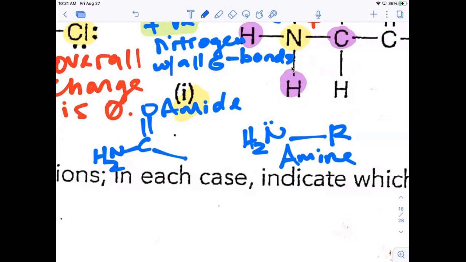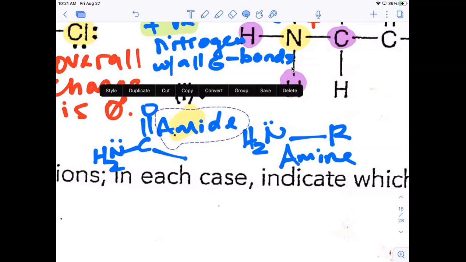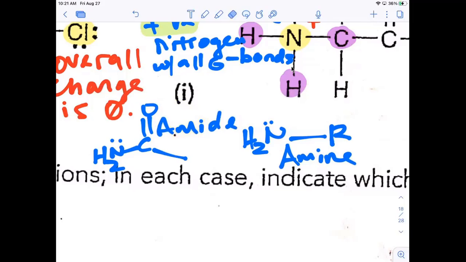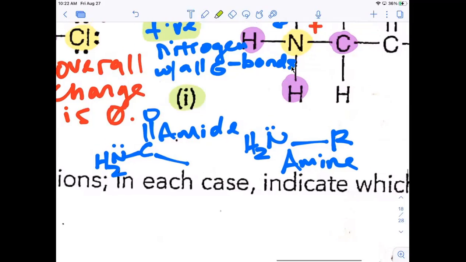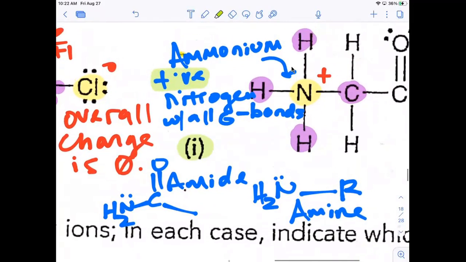So amide is if that nitrogen is connected to a carbonyl. Amine is if it's neutral with just all 3 sigma bonds and that lone pair. And then ammonium is a positively charged nitrogen with all sigma bonds.